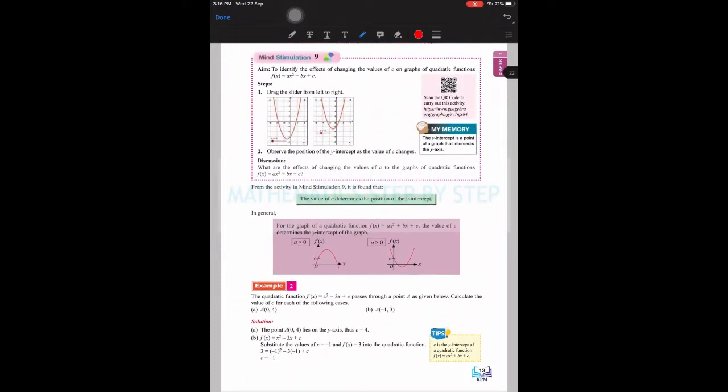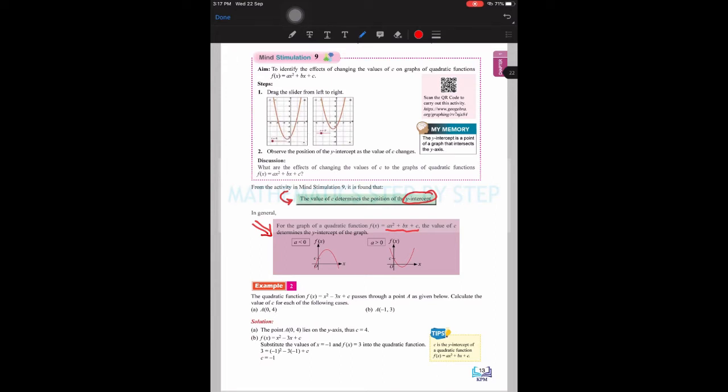Then this mind stimulation 9, again, you guys will be doing it at home. And what we can learn from this mind stimulation 9 is that the value of c is actually the y-intercept, okay? So let us read this. For the graph of a quadratic function f(x) equals ax squared plus bx plus c, the value of c determines the y-intercept, okay?